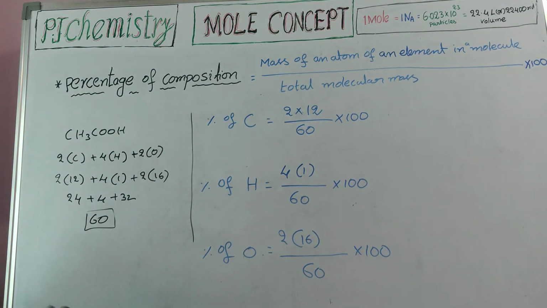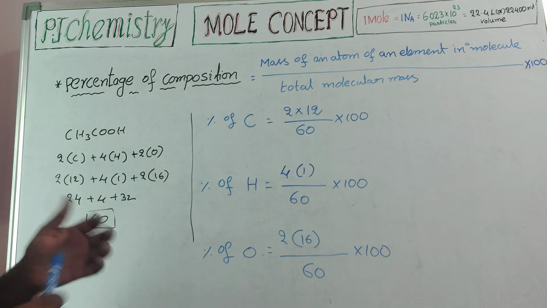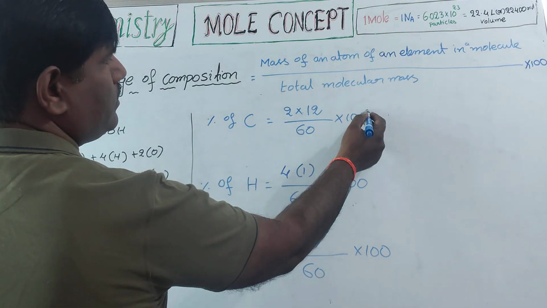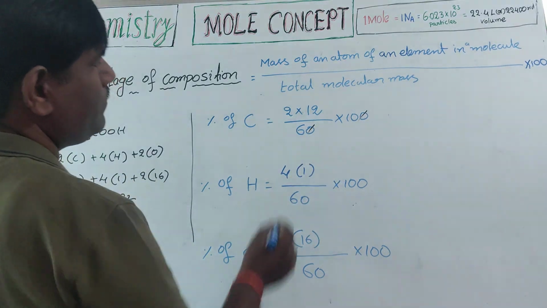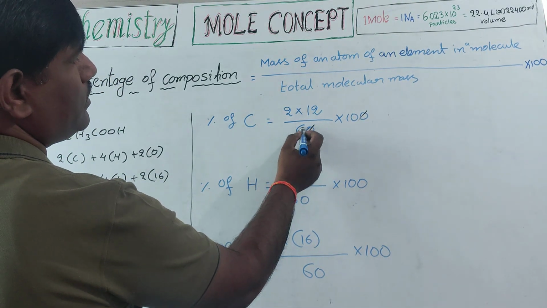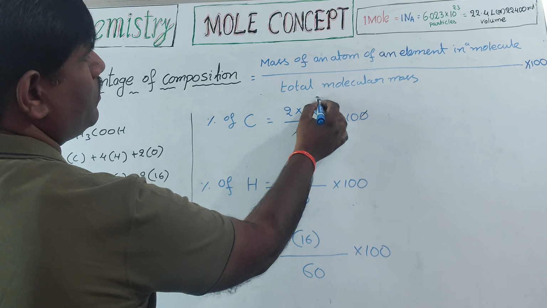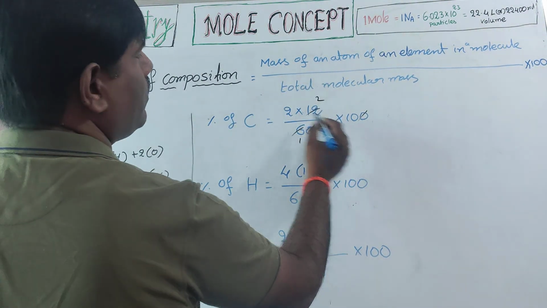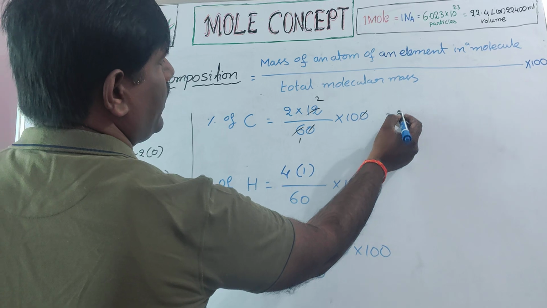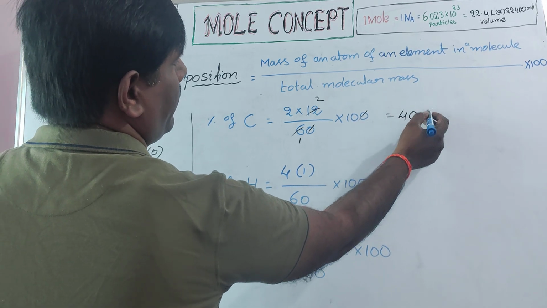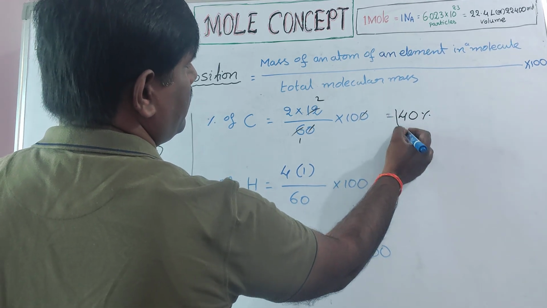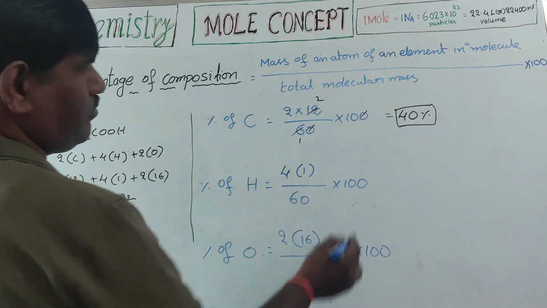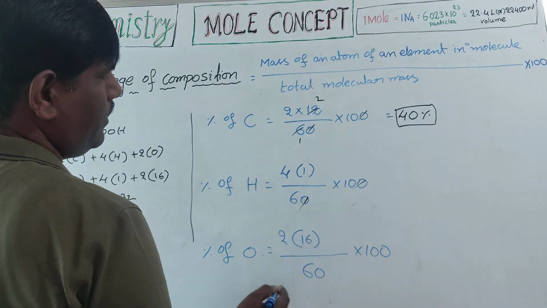Yes. Simplify it. See here, 0, 0 cancel, 6 ones are 6, 6 twos are 12. 2 into 2, 4, 4 into 10, 40. 40 percentage carbon present. Next, 0, 0 cancel.